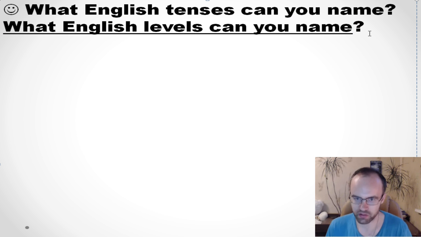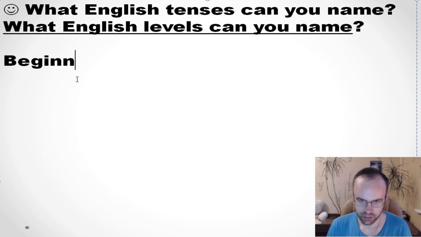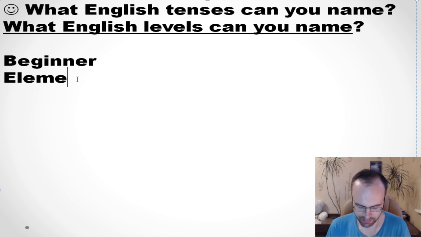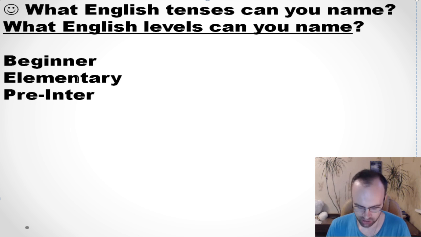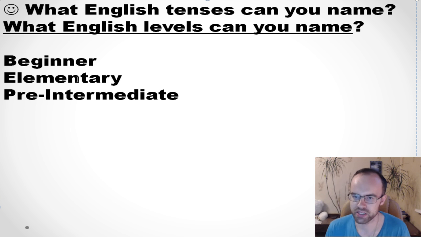Okay, so really, what's the first level? So, beginner, right. Next, elementary. Okay, very good, my friends, excellent. Next, pre-intermediate. Okay, what's next?